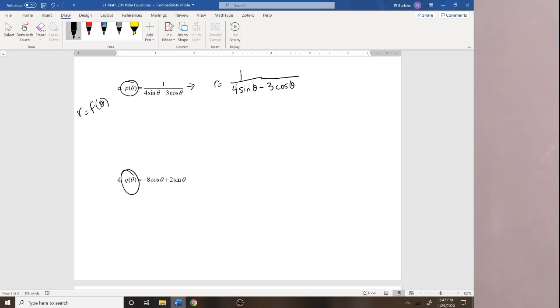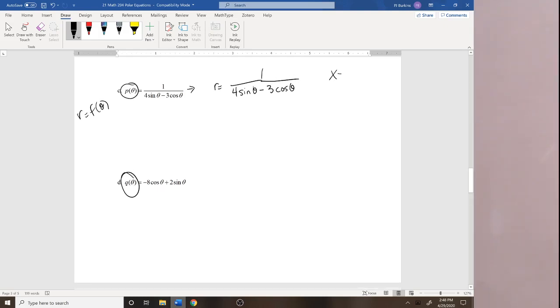Now the first thing that most people want to do here is say, okay, well, I've got a number times sine and I've got a number times cosine. Well, we've got x equals r cosine and we've got y equals r sine. So why can't we just replace those two things there with x and y?